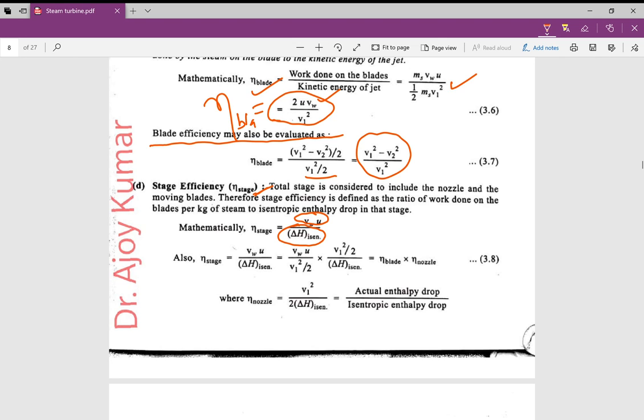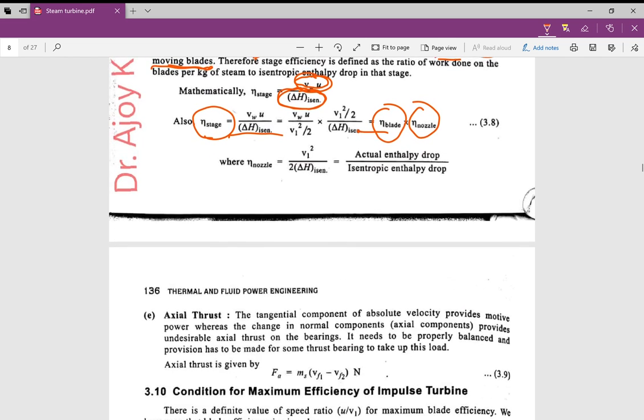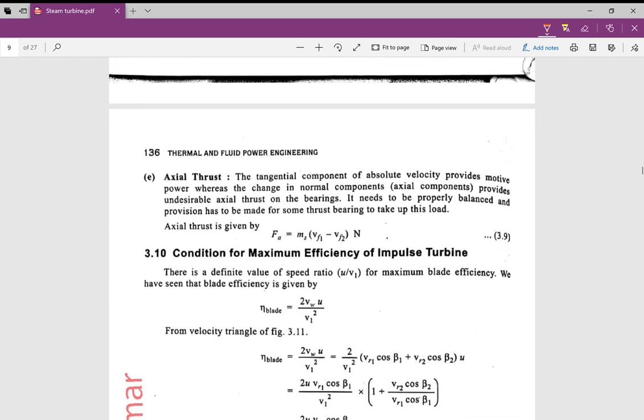So finally with this calculation, stage efficiency is blade efficiency into nozzle efficiency. Here the stage means a set of nozzle and moving blade. In the nozzle this is the enthalpy drop, and this ms Vw u is the work produced. In this way we can calculate blade efficiency.